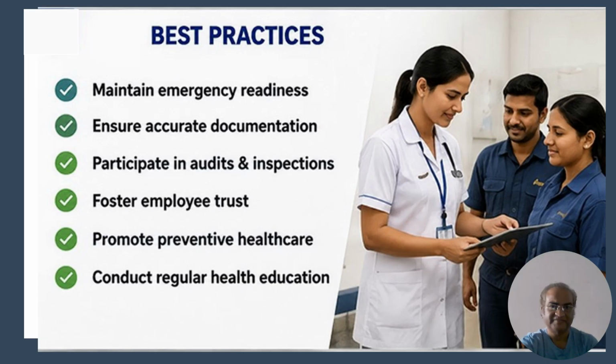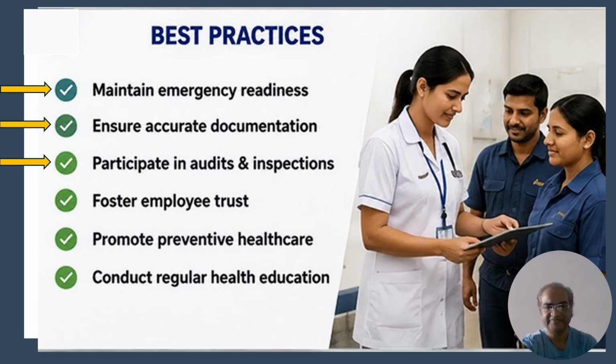Then comes the best practices of an OHN. Among these we will discuss emergency preparedness, emergency readiness, then ensure accurate documentation. Documentation should be proper, all the documentation. Participate in audits and inspections.